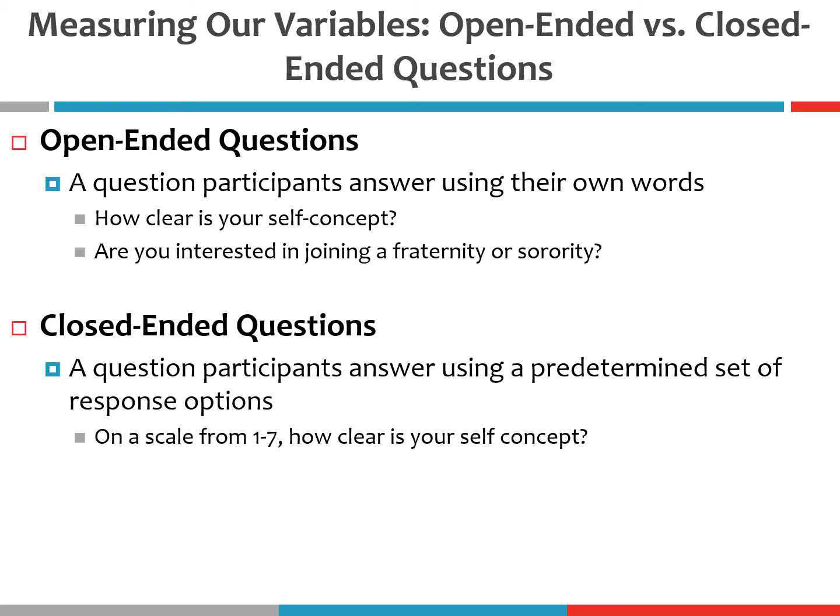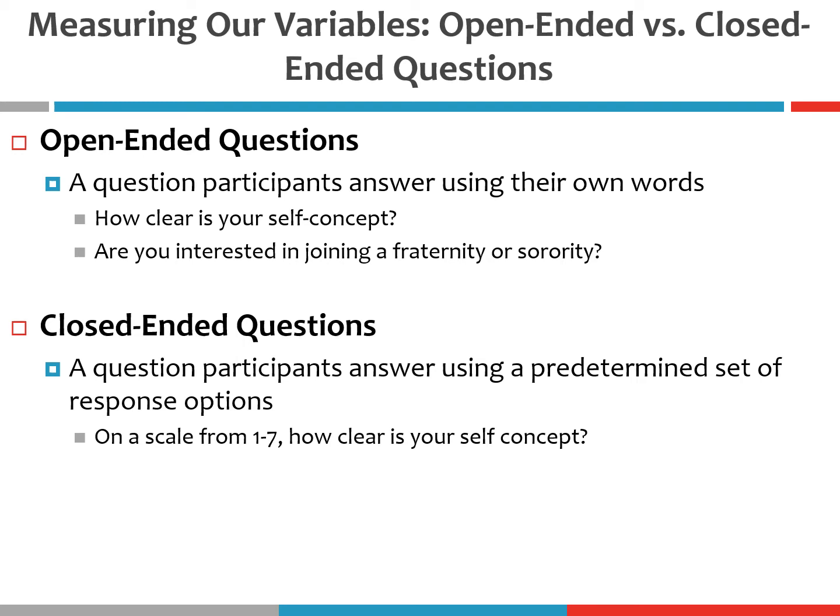So one of the things that they value most about themselves is how they fare when it comes to engaging with their peers, right? So based on these characteristics, do you think it is more likely that we'll see a positive correlation between self-concept clarity and desire to join a Greek organization?